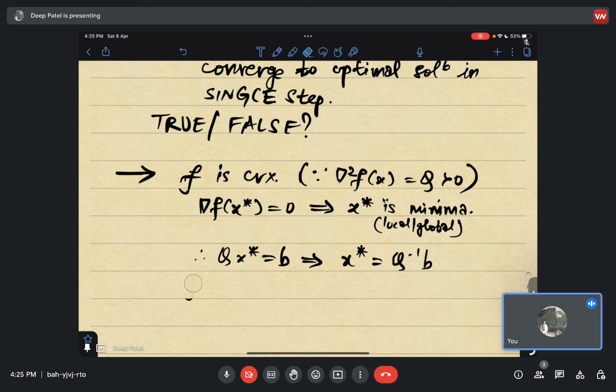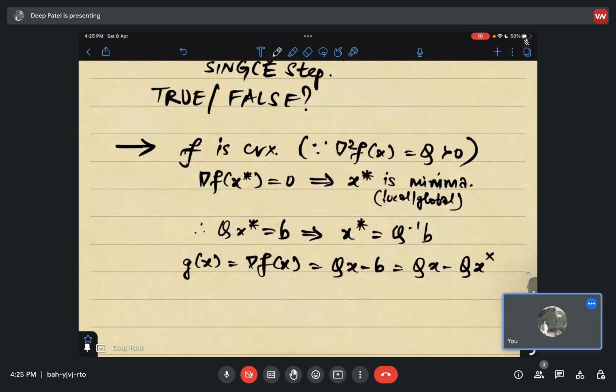And in general, the gradient at any point x, I'll write it down for completeness, is Qx minus b, which is nothing but Qx minus Qx star, which is Q times (x minus x star). Is it fine? Yeah. Okay.